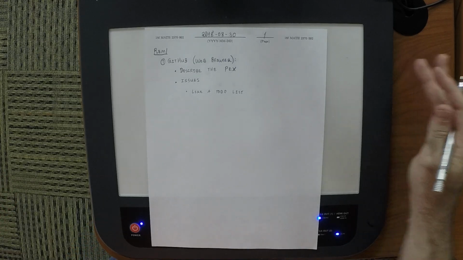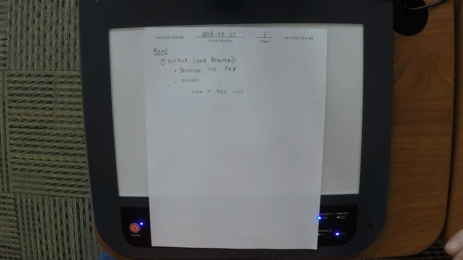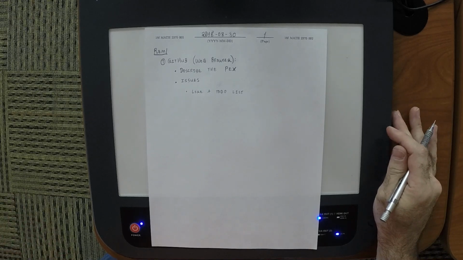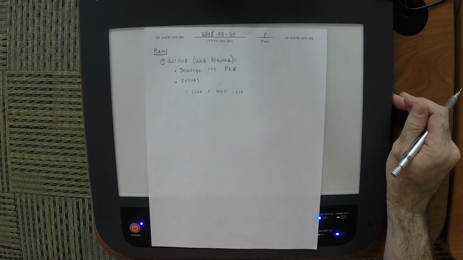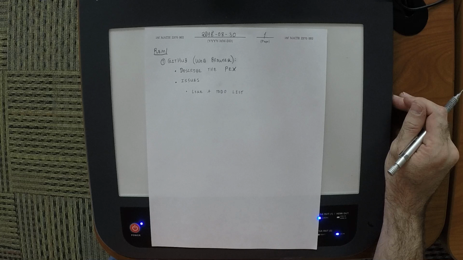So the basic process is that I post some programming exercises for you, and sometime after they're posted I begin grading them. So I grade it, and if there's something not right about it, then a message on GitHub is created.